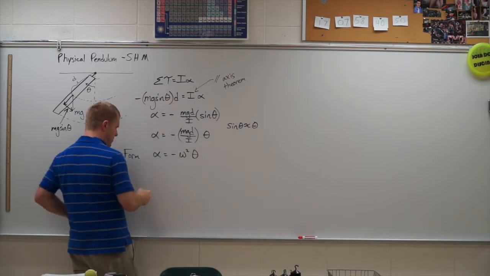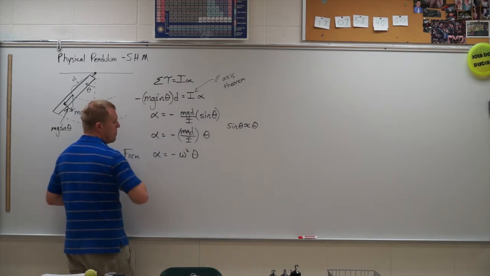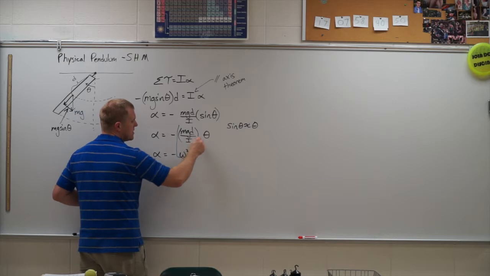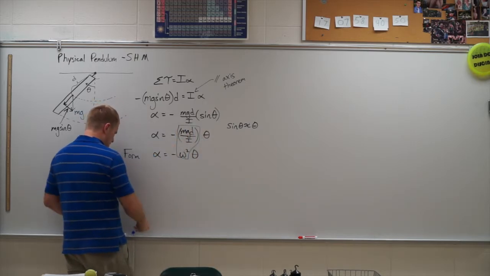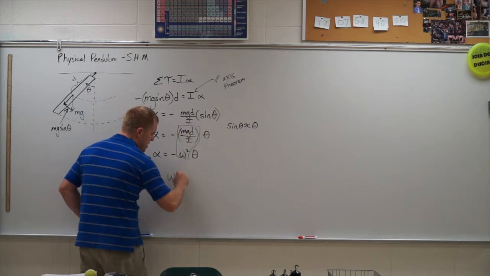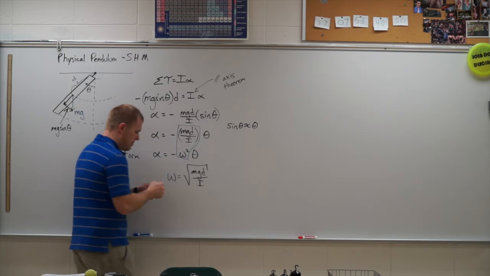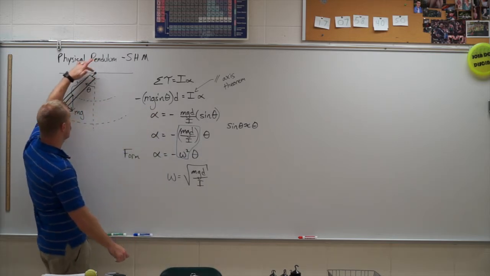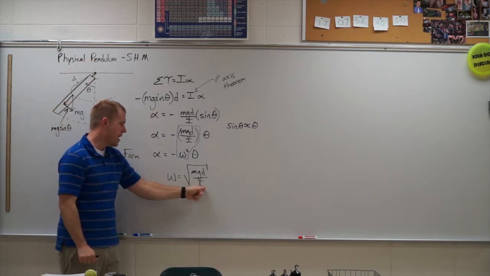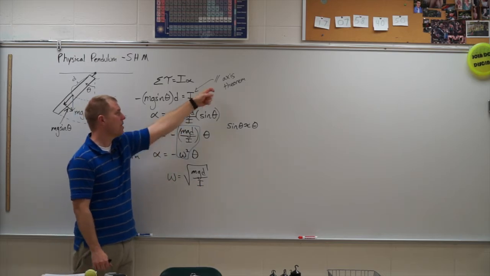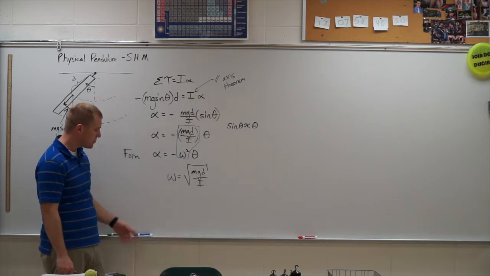So now I do have it in that format. And so I do know what my angular frequency is because I have that format. So that means that my angular frequency is going to be the square root of mgd over I. And again, remember, d is going to be the distance from the axis of rotation to the center of mass. And that I value you will most likely have to find using the parallel axis theorem.